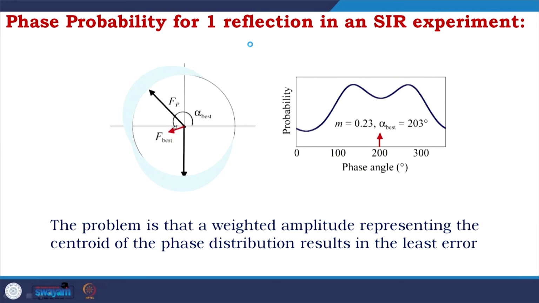So, the phase probability for one reflection in an SIR experiment, if you see, the problem is that a weighted amplitude representing the centroid of the phase distribution results in the least error. So, you get two peaks.